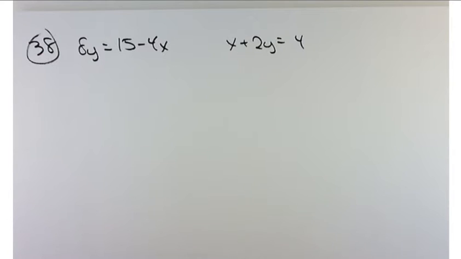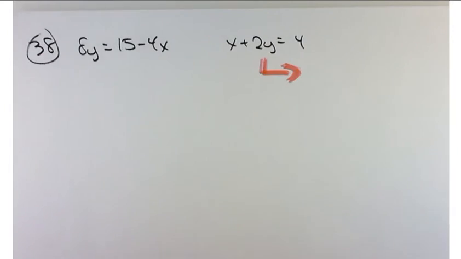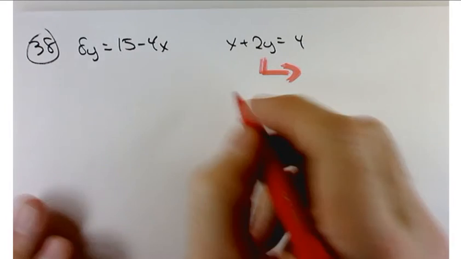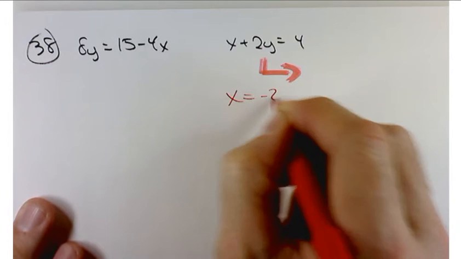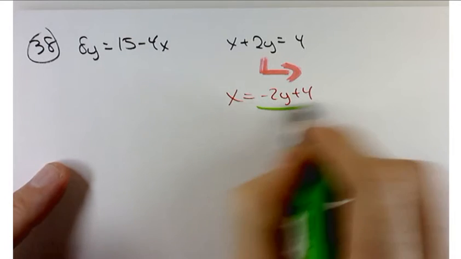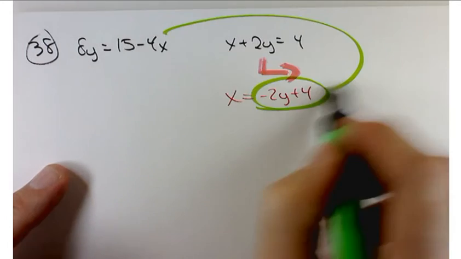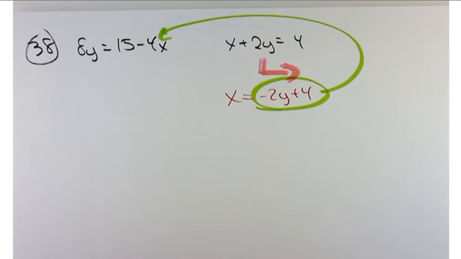Now, I want to finish up this section in a bit of a hurry, so I'm going to move the 2y to the right-hand side and get x equals negative 2y plus 4. If it changes sides, it changes signs. Let's take this expression and substitute it in for x over here.